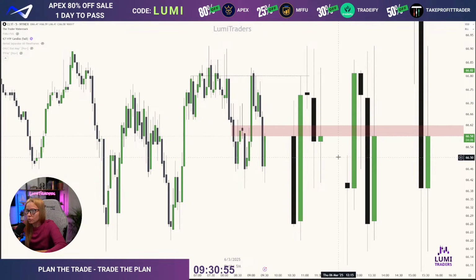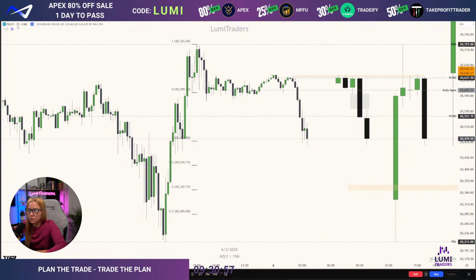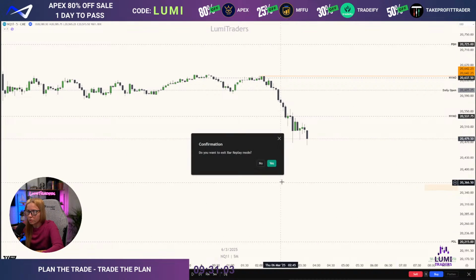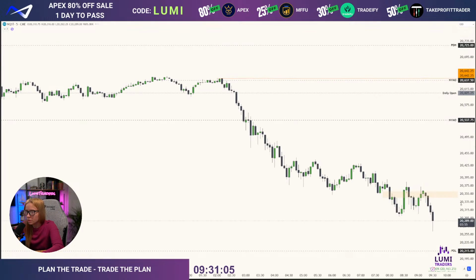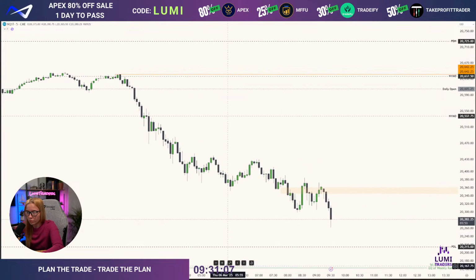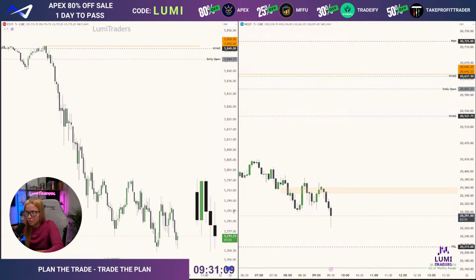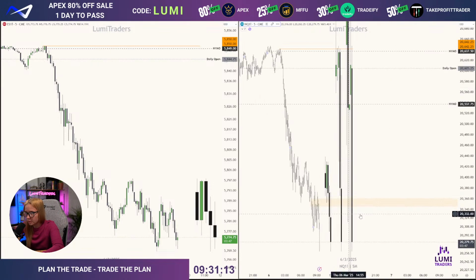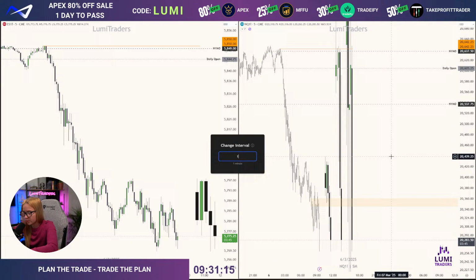Ugly. On NQ, I want to see lower first. Market is open already. Let me see. I would like to see lower first. Oh, we're going lower. Okay. We have four standard deviation. Let me go back to the 15-minute chart.